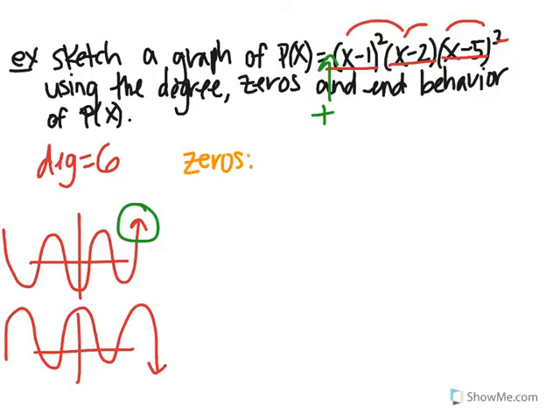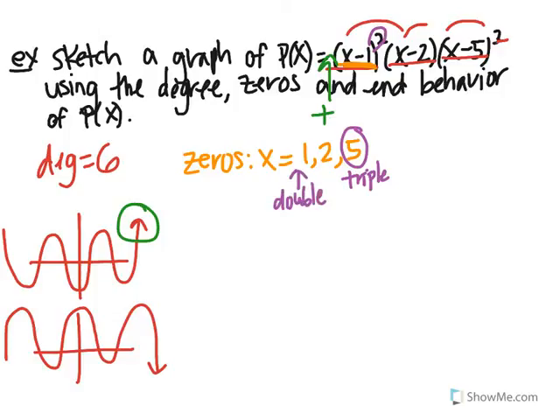I'm going to set each of these factors equal to 0. So I'm going to have a 0 at 1, a 0 at 2, and a 0 at 5. I'm going to make a little note right here. The 0 at 5 is a triple 0, and the 0 at 1 is a double 0. So I'm going to put double.